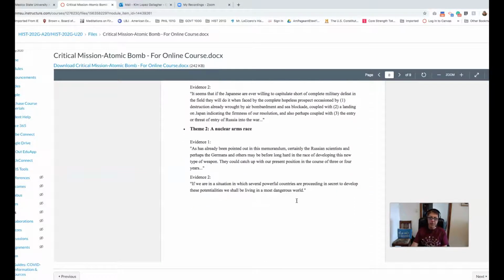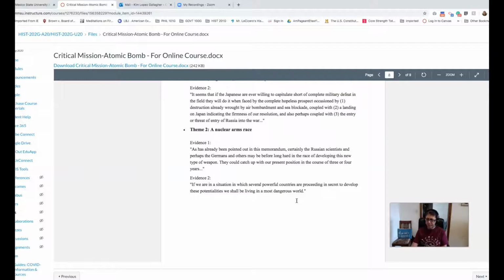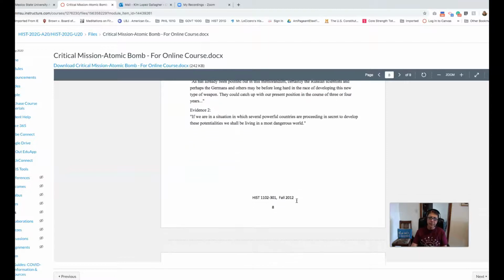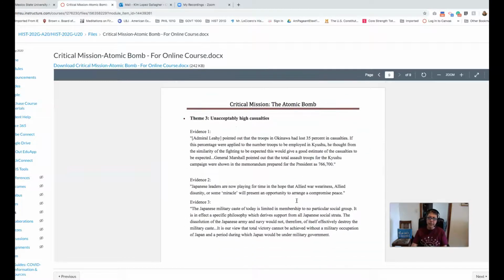Number two is a nuclear arms race. Other countries wanted to get in on this and wanted to develop their own nuclear weapons, and that's primarily the Soviets. And then the third theme is high casualties. A nuclear weapon causes many, many more casualties than conventional warfare.